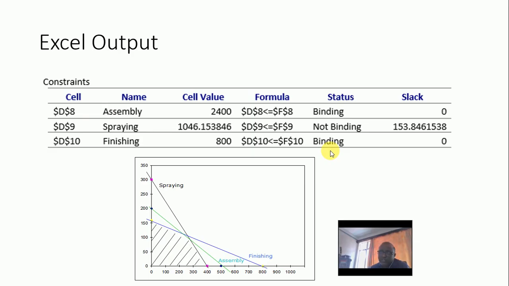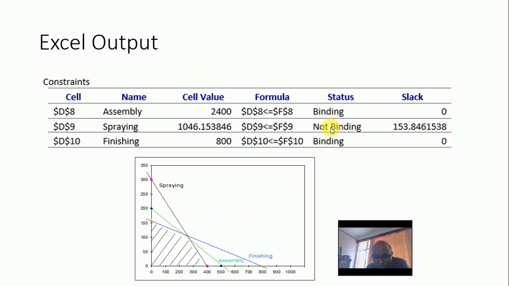To summarize, the binding constraints are the constraints which, when intersecting with one another, will give me the maximum profit. Clearly, assembly and finishing will be the binding constraints, and the remaining one will be the non-binding, which means I did not have to use this line to find the maximum profit.